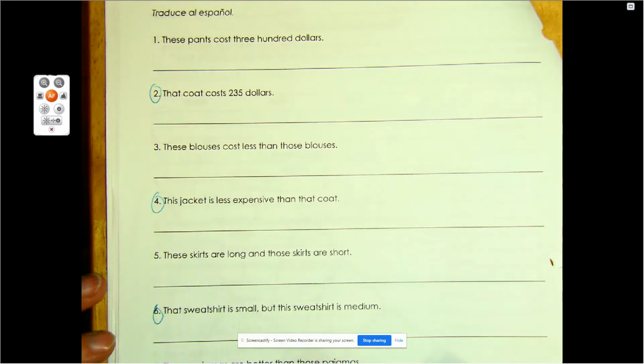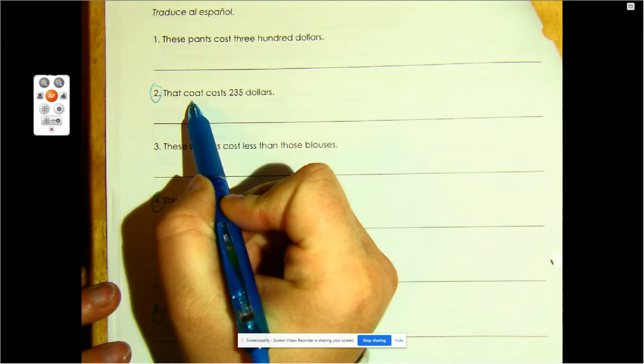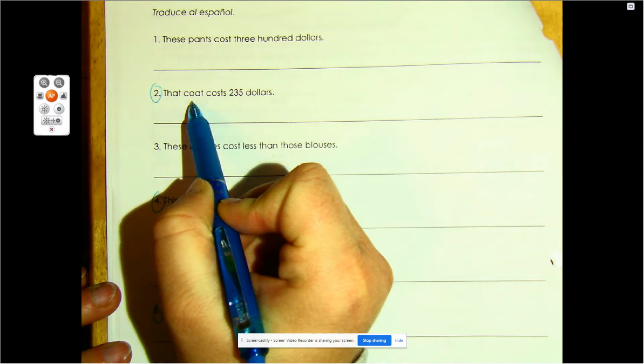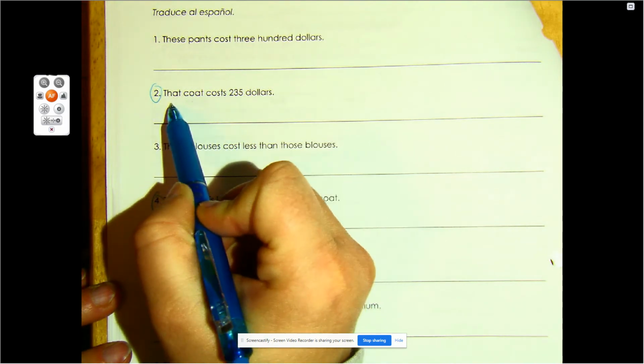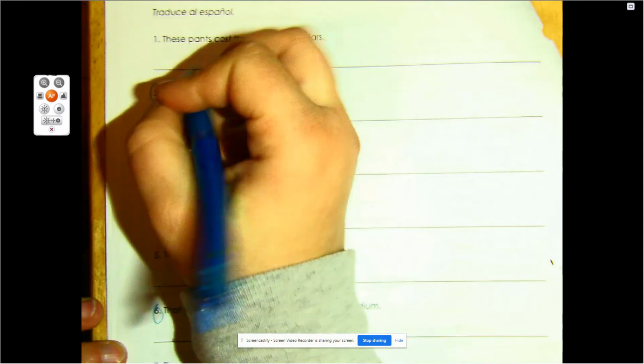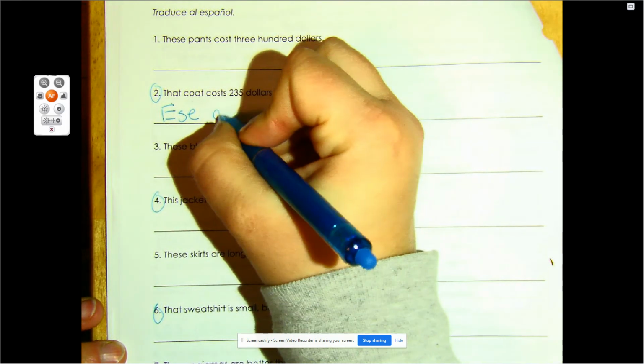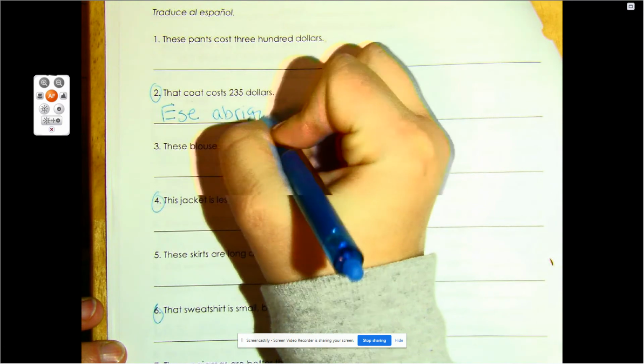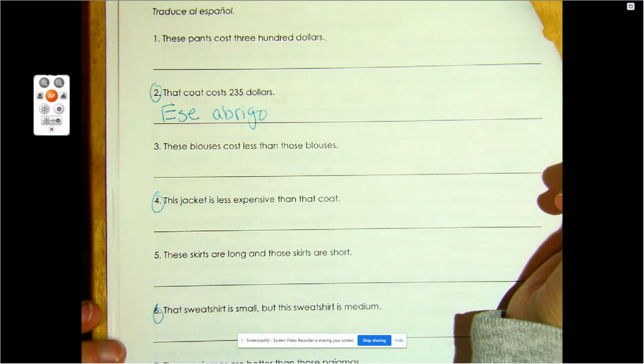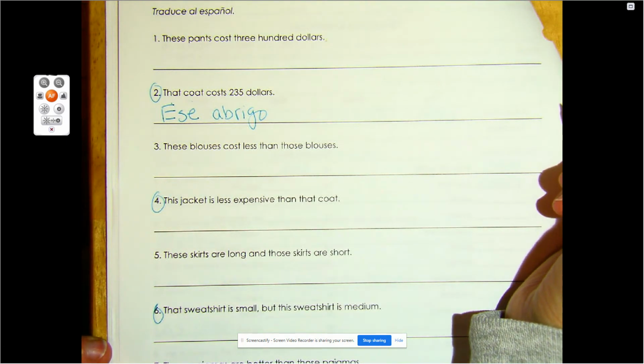Hey, I think we just did that. So we know that coat is masculine and singular. So the word for that we're going to choose is ese abrigo. Okay, so to cost is costar.